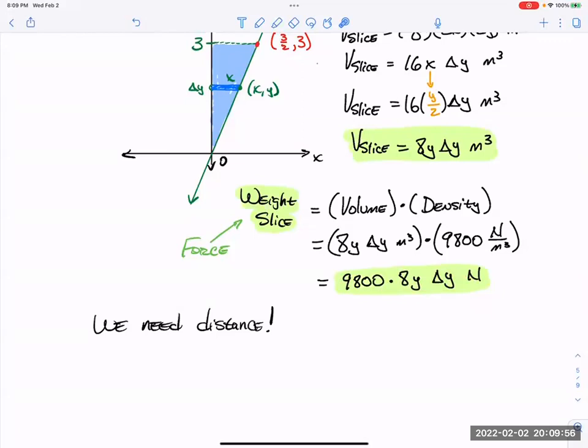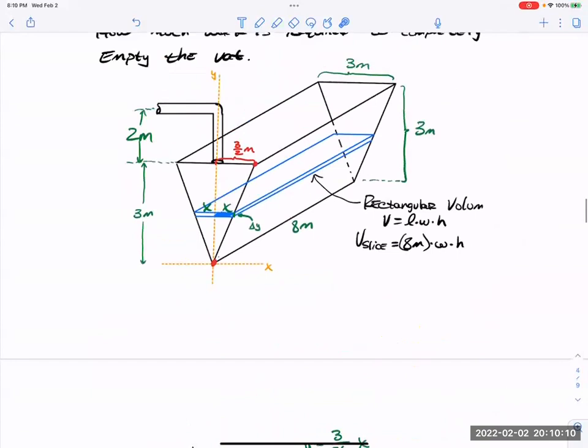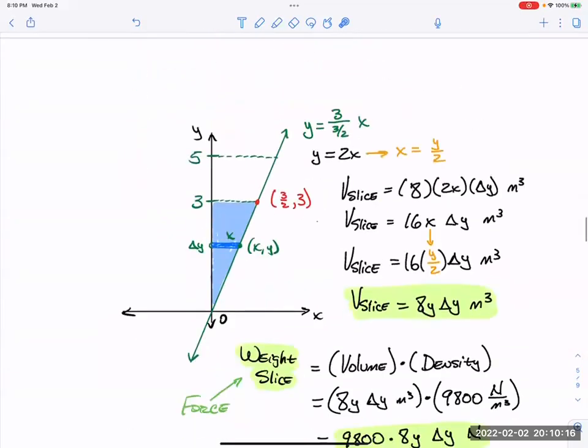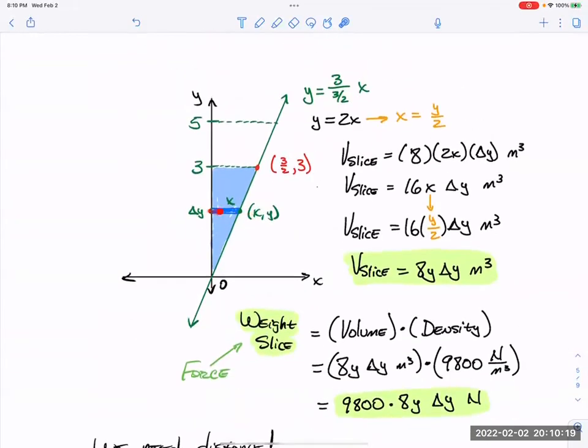All right. So now we have our force, which is the weight of our slice, which was calculated by the volume of the slice times the density. Now we need our distance. So we go back, how far do we move this arbitrary slice out the outlet? Well, let's go back to our mathematical model here. Here's the location of the slice, and we got to move this slice up to 5, right? And so your distance then is defined to be from this top down to that arbitrary slice.